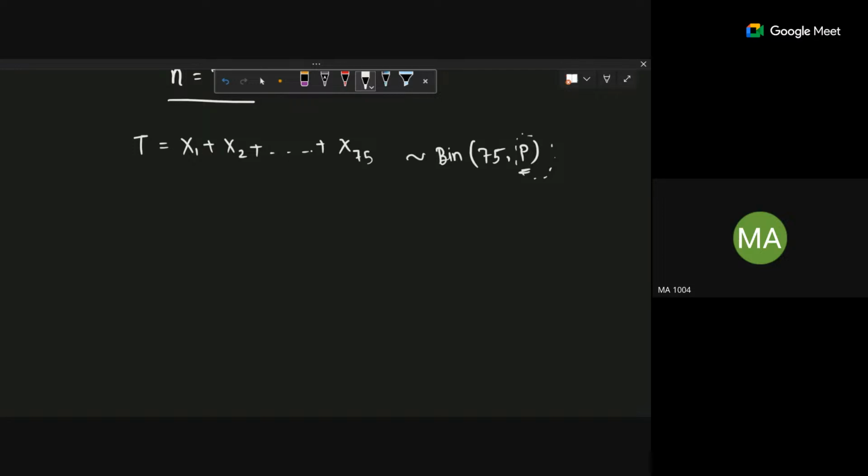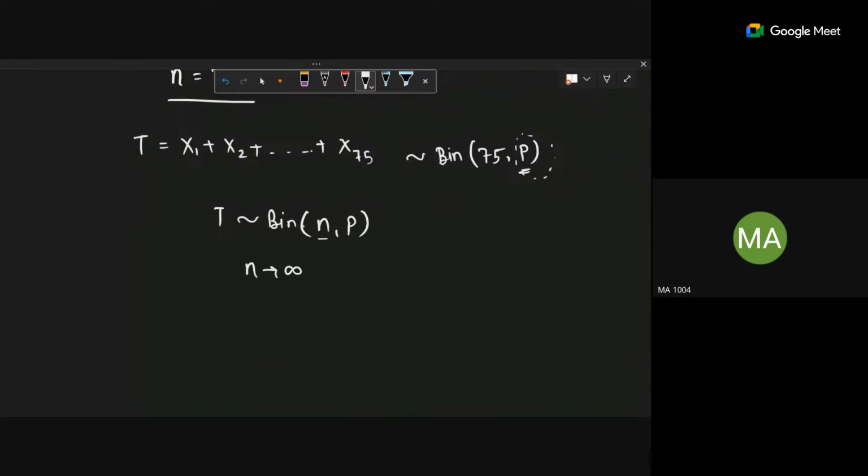Okay. So if T is following this, do you know one thing about the binomial distribution? If T is following a binomial distribution with n, p and n approaches infinity, do you know anything about that?